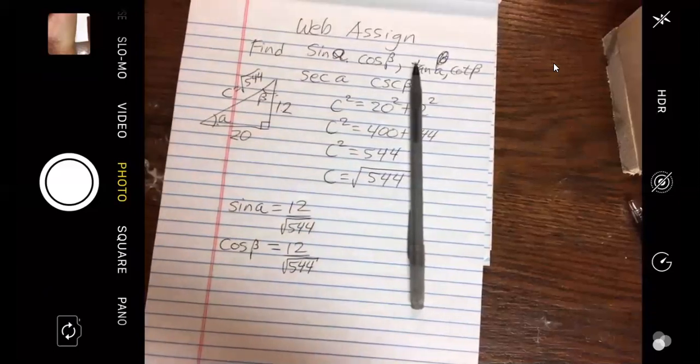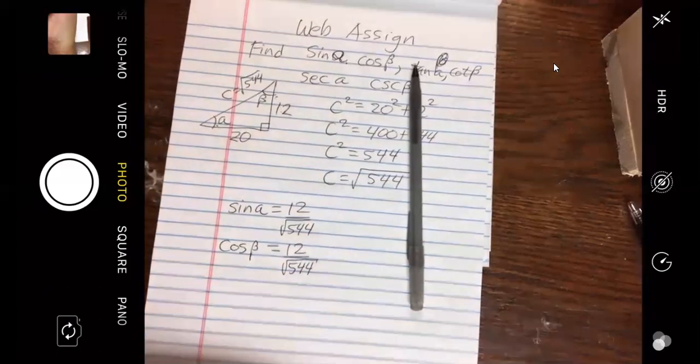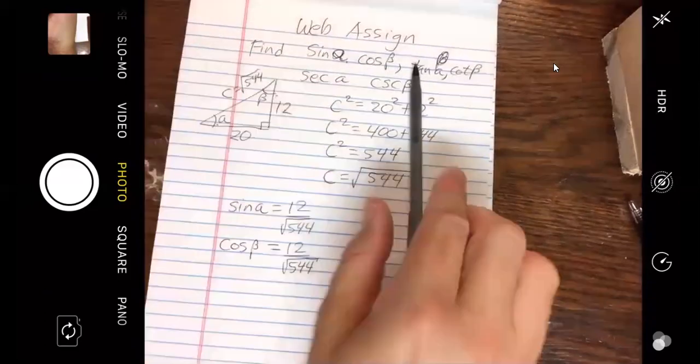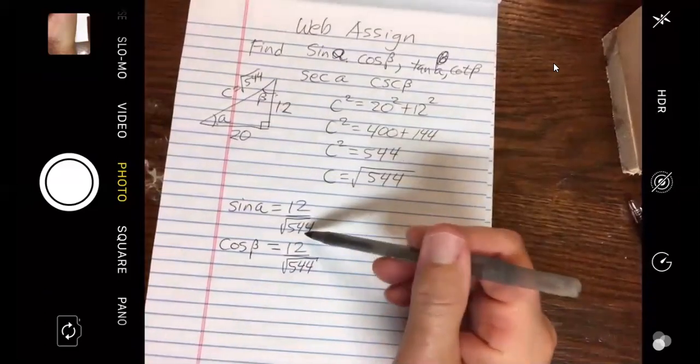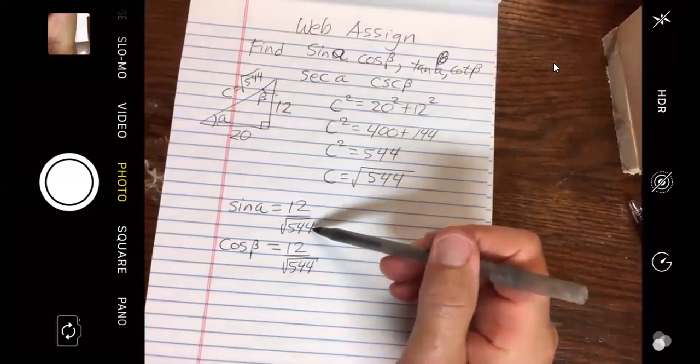No, it just says find sine A, cosine B, and so on, and shows the picture with no rounding. Usually, if you look to the right of the screen, there's a menu that allows you to enter square roots, in other words math symbols.